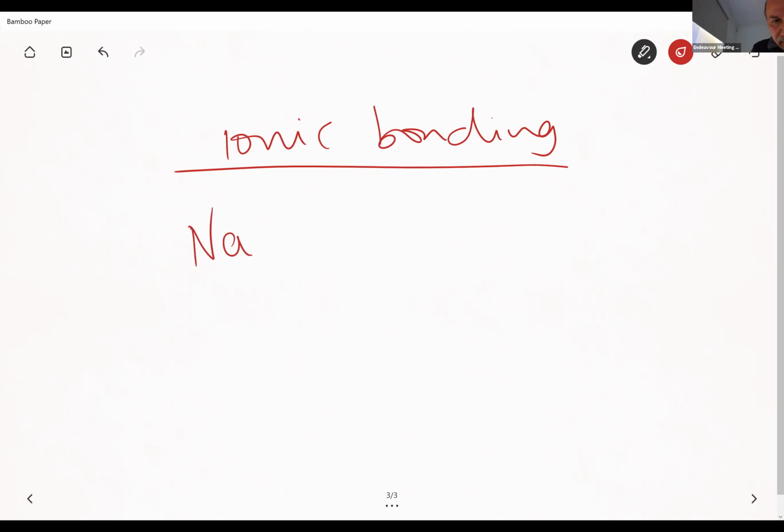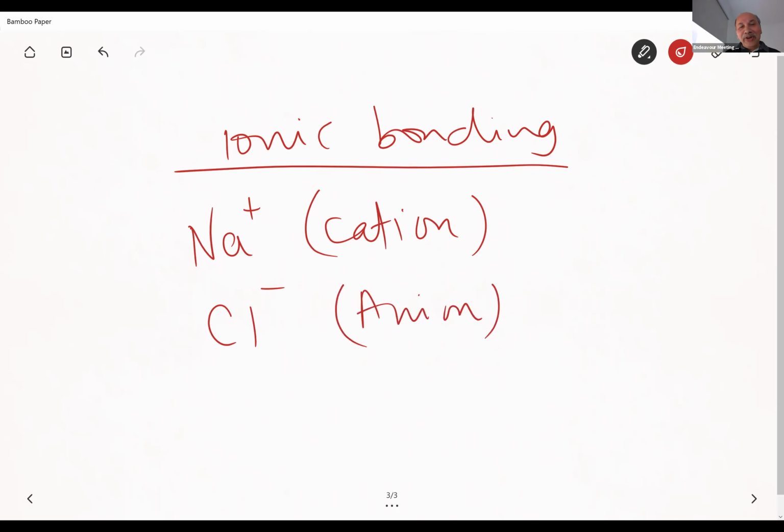A positively charged ion is known as cation, and a negatively charged ion is known as anion. Between cation and anion, oppositely charged, they are going to attract. Attraction leads to what? Bonding. So positive, negative, they live together, right?